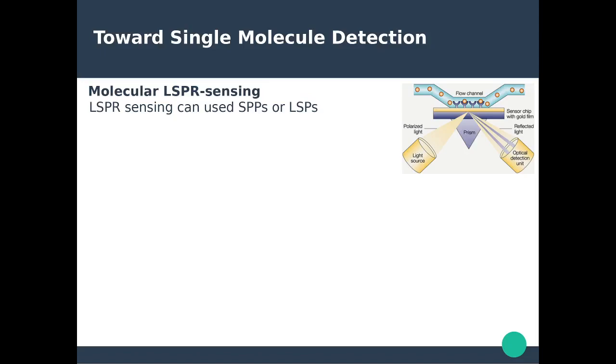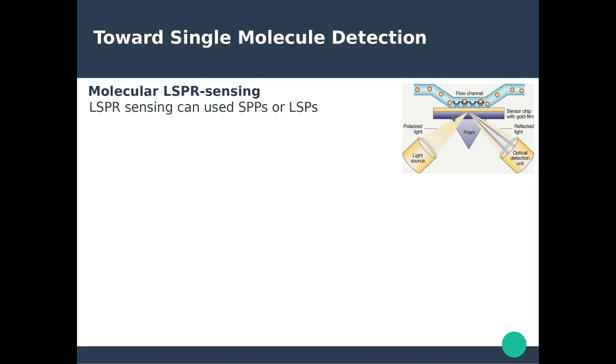Now you can also go towards single molecule detection and try to detect a single molecule arriving onto the nanoparticle or in the vicinity of the nanoparticle, or a single molecule leaving the nanoparticle. So this molecular LSPR sensing has also been performed and shown. So you can use both SPPs.